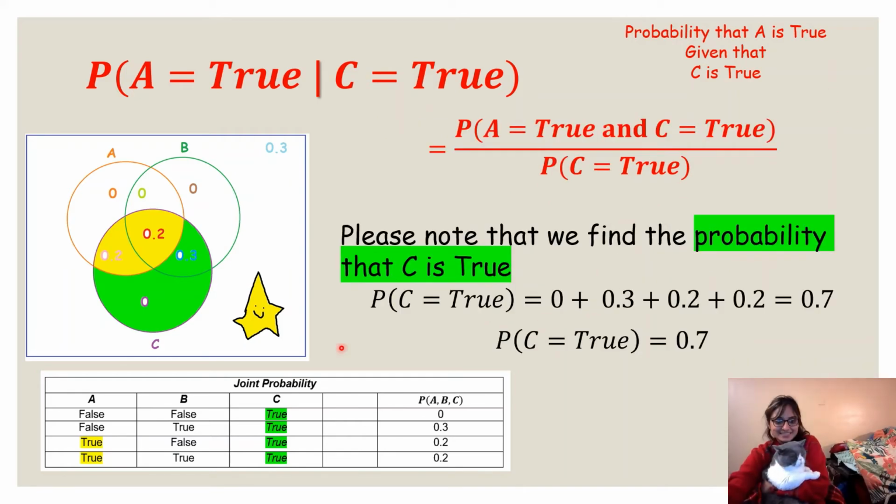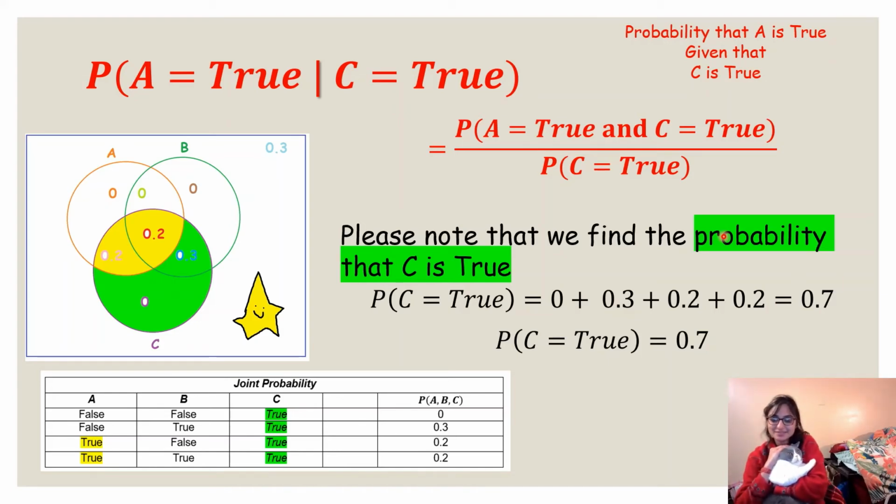So please note that we can find the probability that C is true by just adding up these values. Whenever C is true in the joint probability distribution, that is given by 0 plus 0.3 plus 0.2 plus 0.2. We just add that up and we get 0.7. So the probability that C is true here is going to be 0.7.